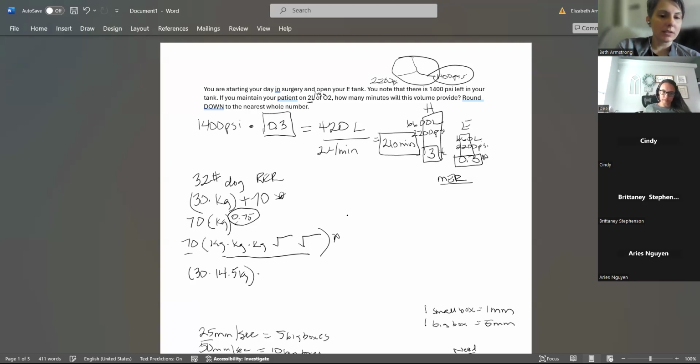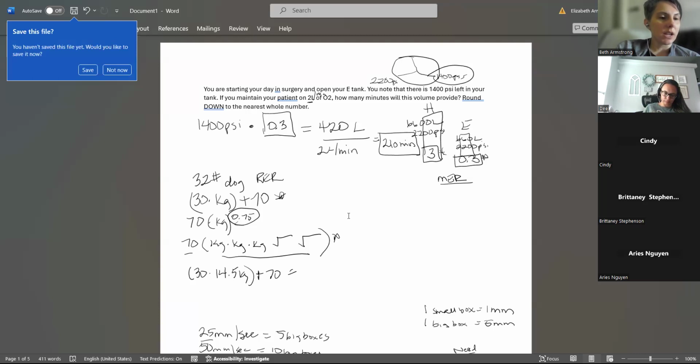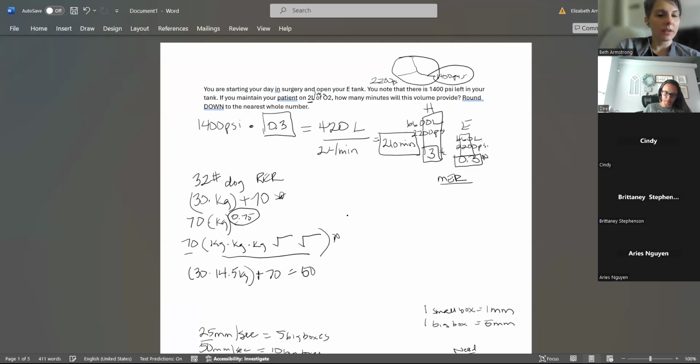Okay. And then plus 70. So 14.5 times 30 is 435, plus 70 is 505 kilocalories.